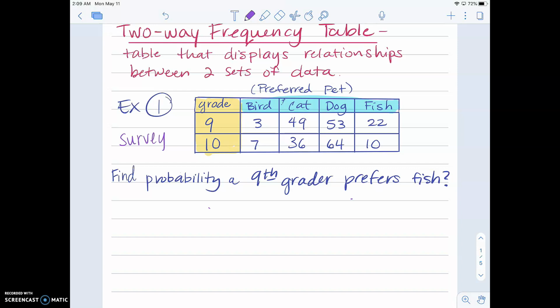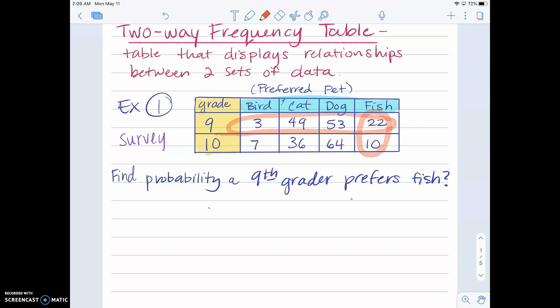So out of the survey, you have two sets of data. You have what grade they're in, going right here, and then you also have what their preferred pet is, which is going to be these right here. So we're going to find the probability that a 9th grader prefers fish. We look at 9th grade, which is this row here, and then out of those, which ones prefer fish?